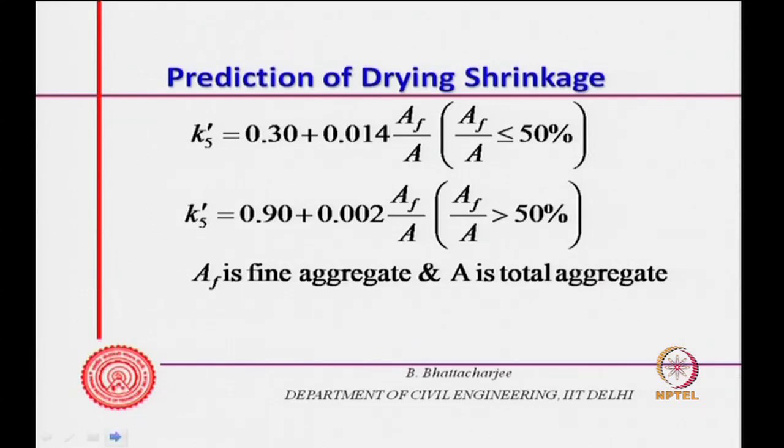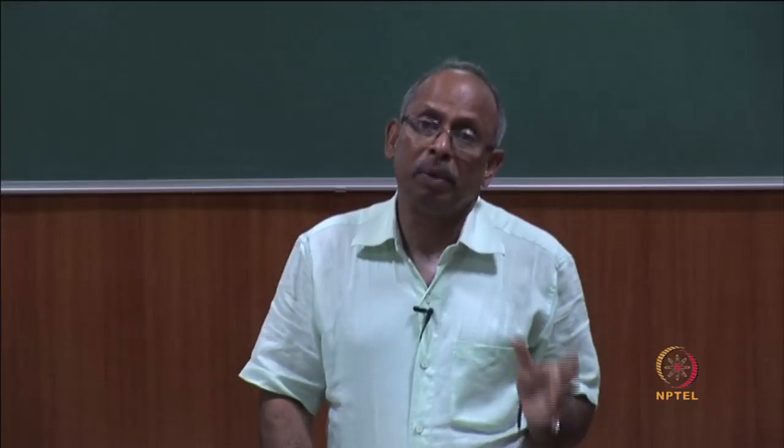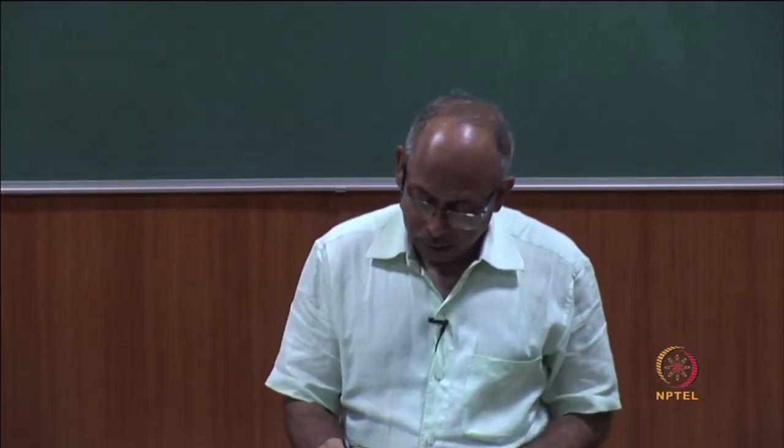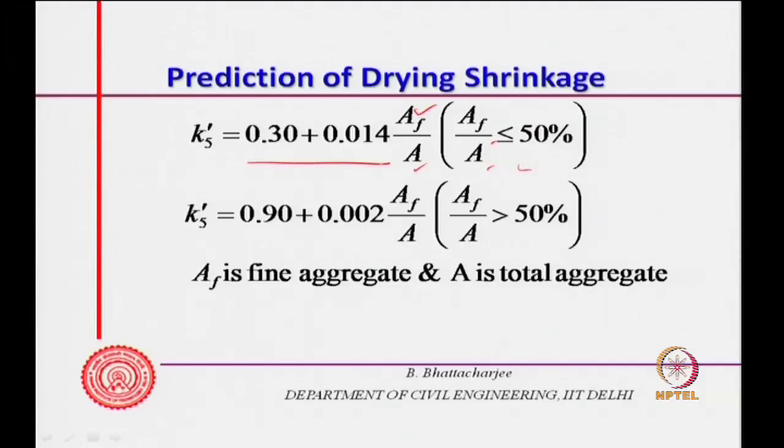We can look into K5. K5 is related to the fines to coarse aggregate ratio. So, equations are given again. If the fine to coarse total aggregate content is less than 50%, in other words, if my fine content in the concrete is less than 50%, all right, so the equation is here. If more fines are there, more shrinkage.